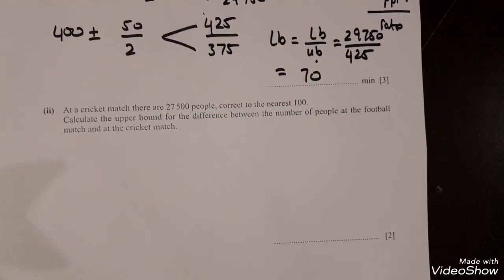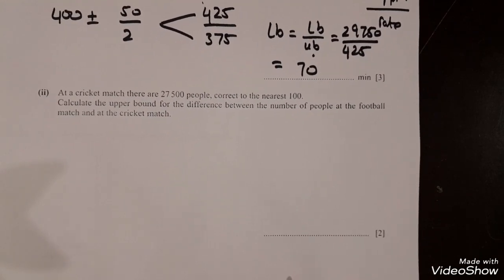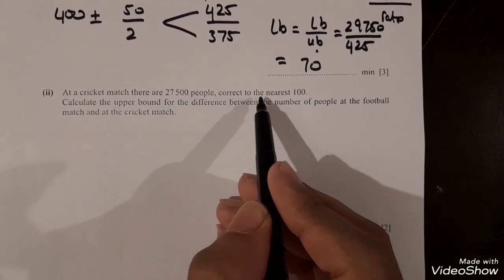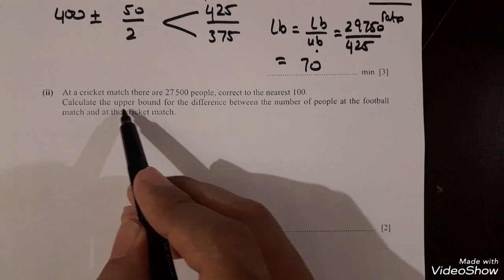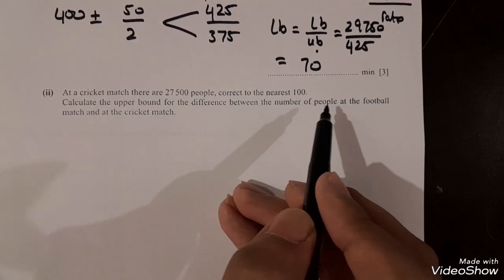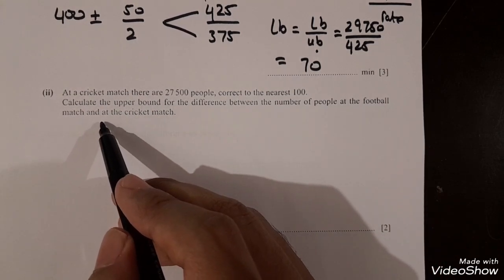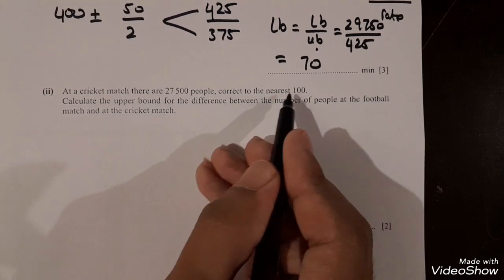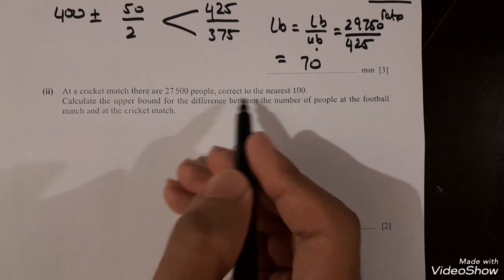Then part 2 states, at a cricket match there are 27,500, correct to nearest 100. Calculate the upper bound for the difference between the number of people at a football match and at a cricket match. So again we will calculate the correct to nearest 100. This will be the average.